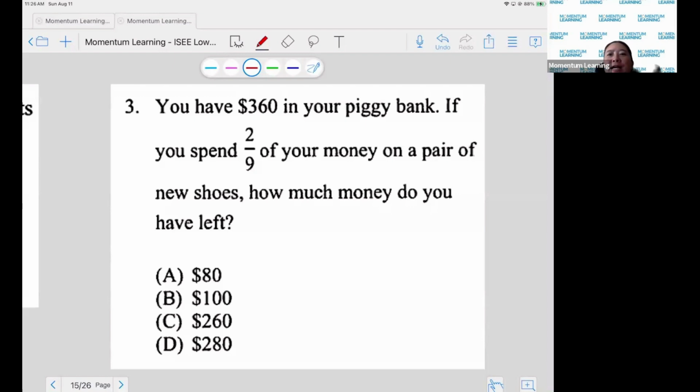Now 4 students have D. Let me see how many students I have total. Should have 11. Now it's equal, 5 A, 5 D. Let me see which one should be correct. Caroline.